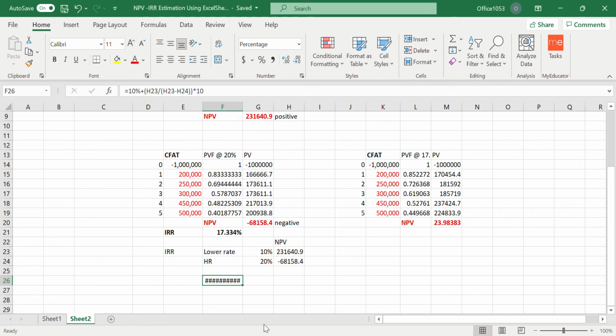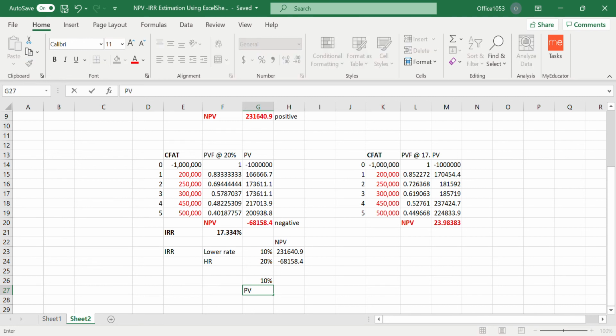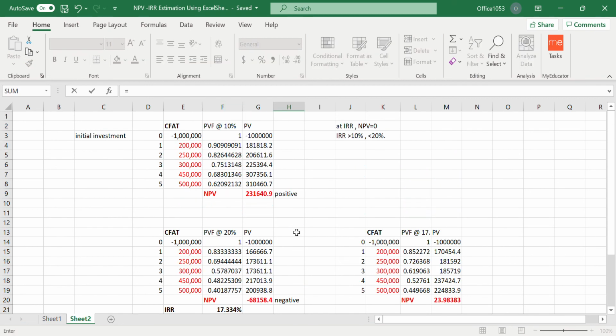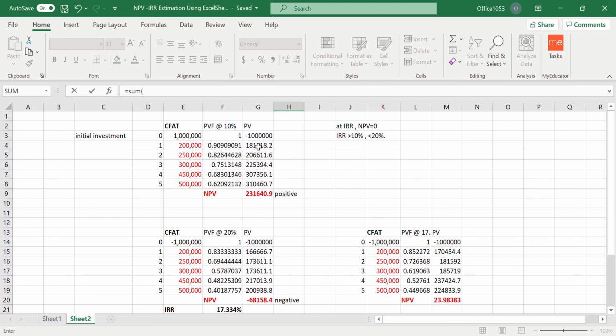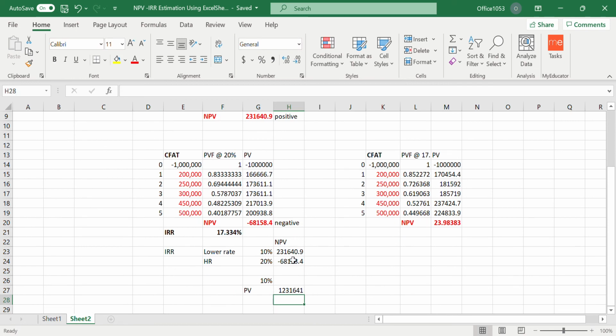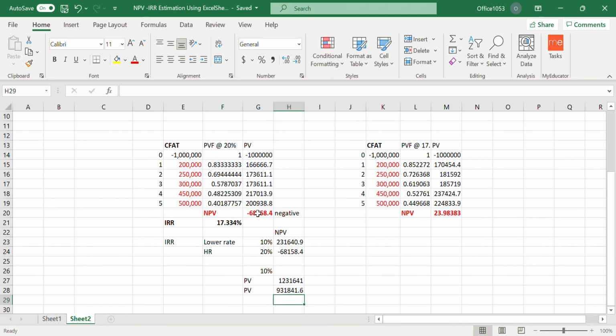You cannot see, the number is quite big, so I will make it shorter. 10%, that is the lower rate. PV of the cash flows at the higher rate is this, sum of PV of higher rate is equal to sum of this, outflow is this.